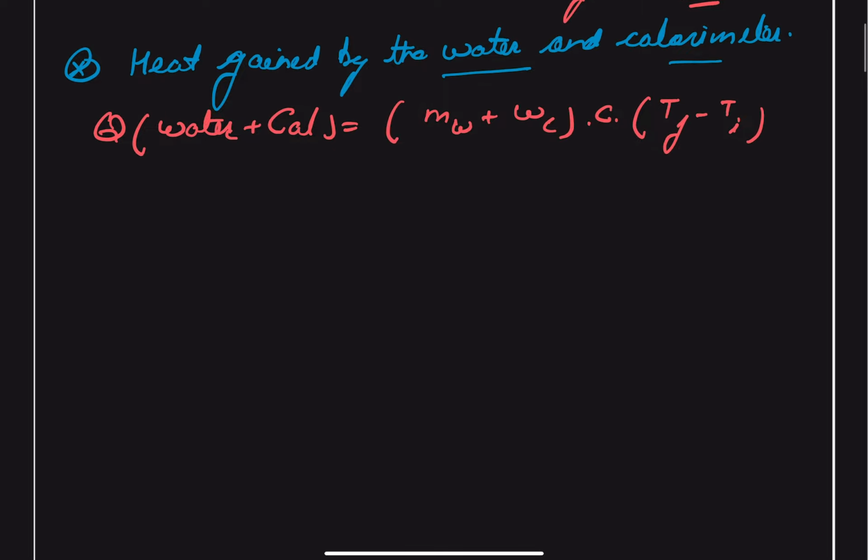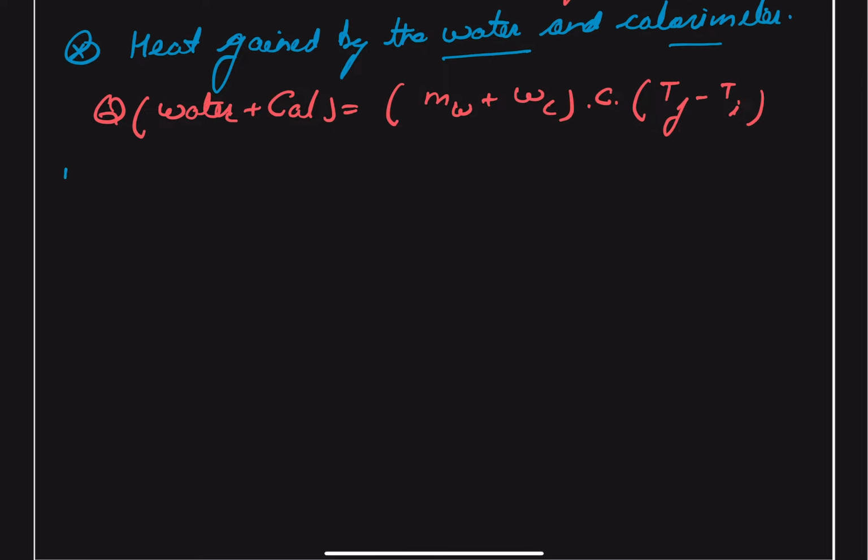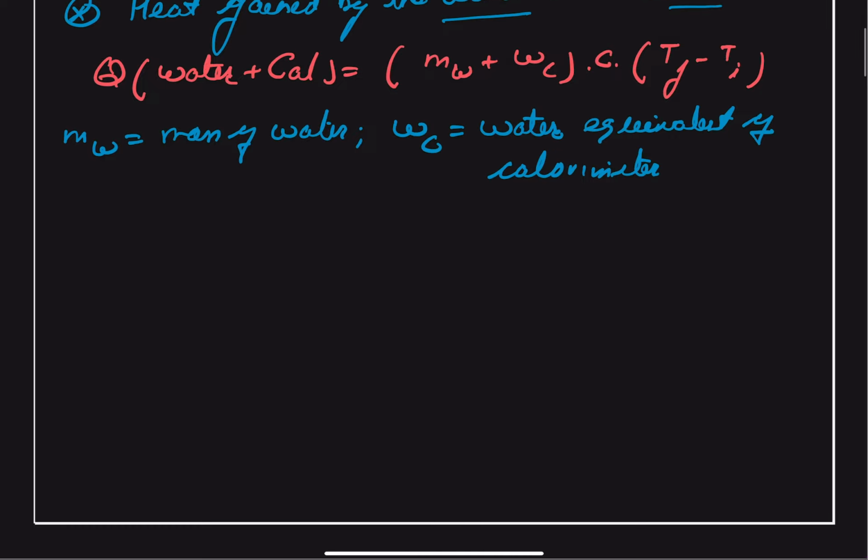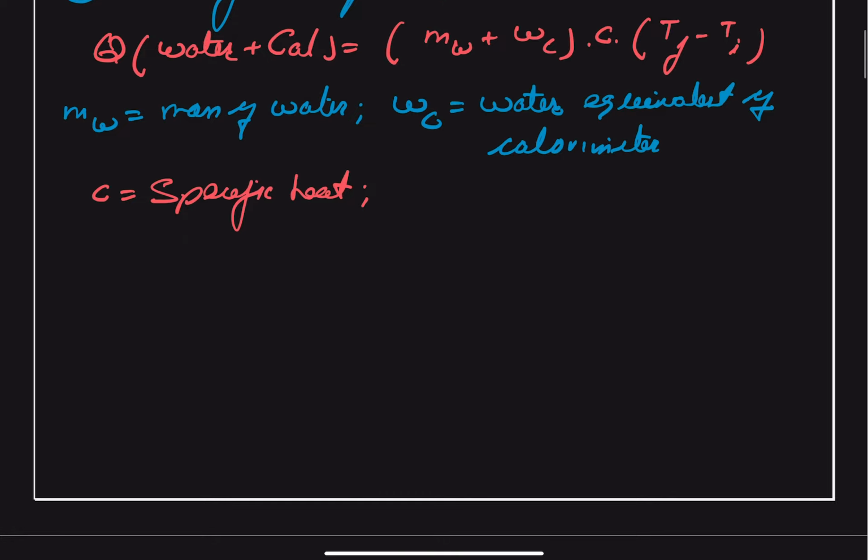So here mW is our mass of water, Wc is water equivalent of calorimeter, C is our specific heat, Tf is the final temperature, and Ti is the initial temperature.